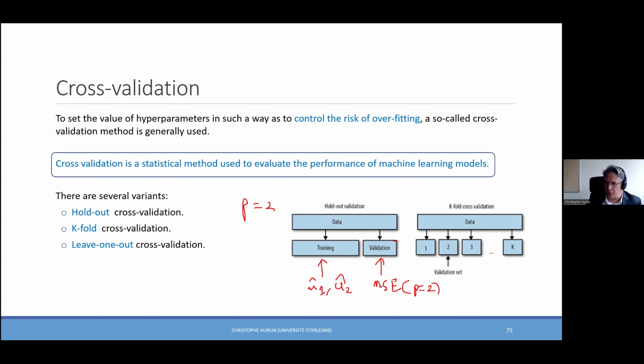Then I do the same with P equal to 3. I estimate A1, A2, A3. I produce some forecasts with this new model on the validation set, and then I compute my MSE with P equal to 3.